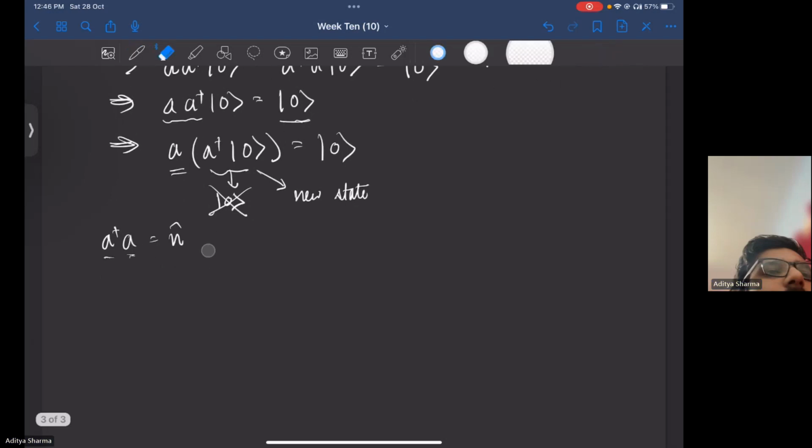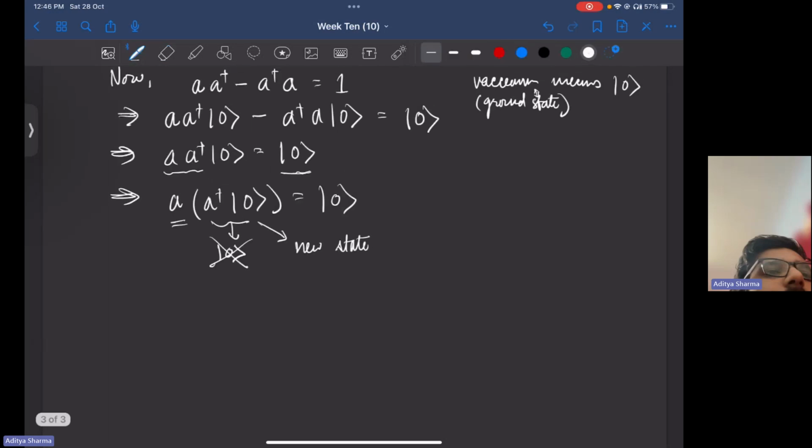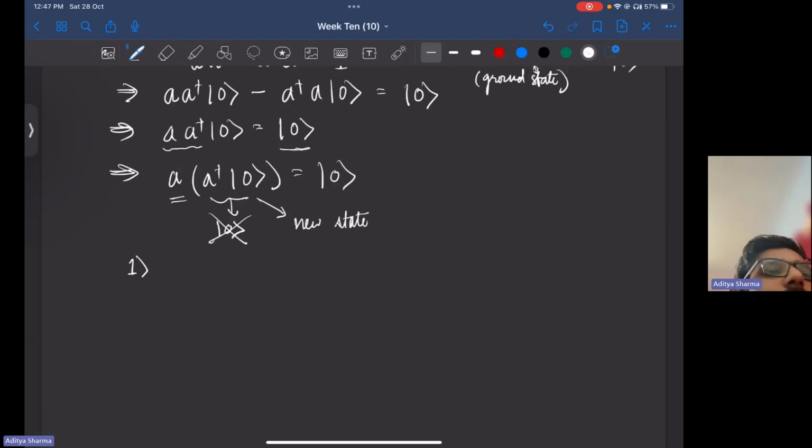We know that a dagger raises the vacuum state and takes it to the first excited state. So the first excited state is given like this. Now, if you act a on it, you get the ground state. That's why we get this same thing after the action of a.